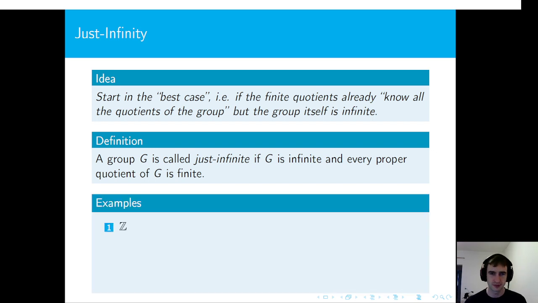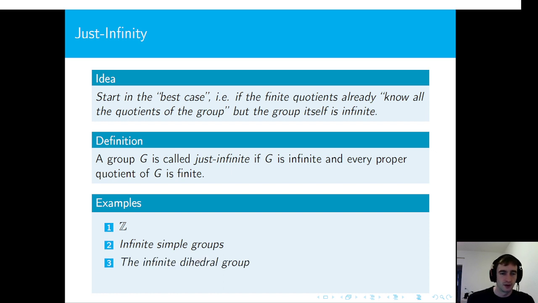Examples of groups having this just infinite property are the group of integers and infinite simple groups. For us, the most relevant example is probably the infinite dihedral group, because this is a Coxeter group and it's infinite, and it is an irreducible affine Coxeter group.